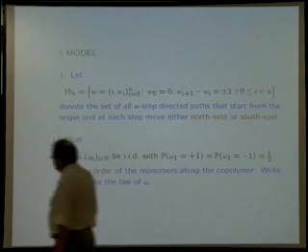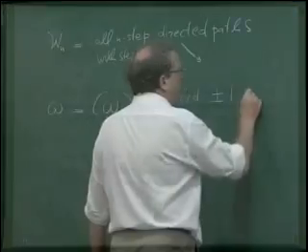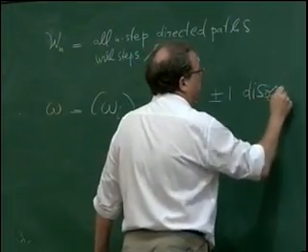Then we will need randomness coming in. So omega, which will be a sequence of omega i's, starting from 1 up to n, is an IID plus or minus 1 disorder.